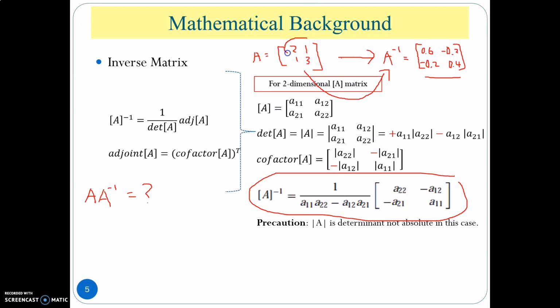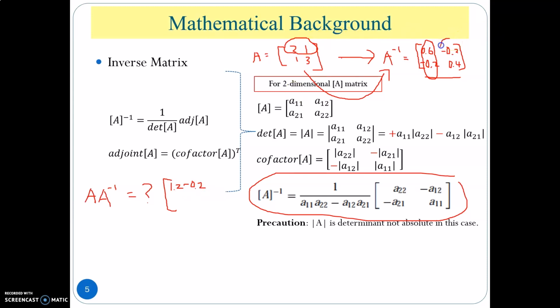So let's try. We multiply the row with the column here. 2 multiplied 0.6, you obtain 1.2. 1 multiplied negative 0.2, you obtain negative 0.2.